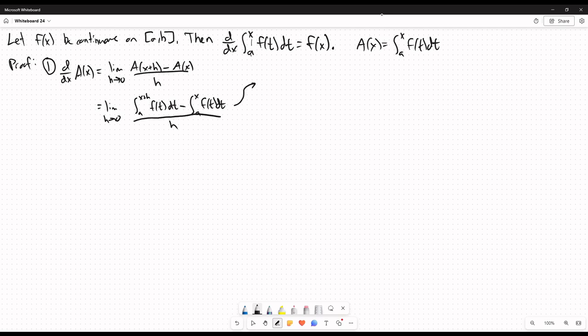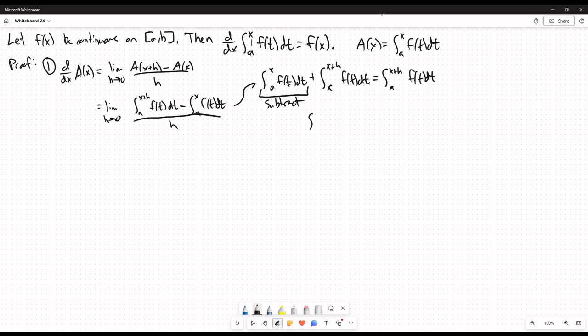Now you might remember from your properties of integrals that the integral from a to x of f of t dt, we didn't write it exactly like this, but we can. If I take that and add on the integral from x to x plus h of f of t dt, that will get me the integral from a to x plus h of f of t dt. All I need to do is subtract this from both sides.